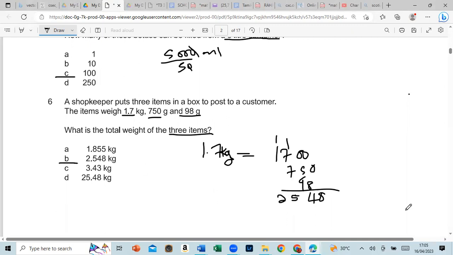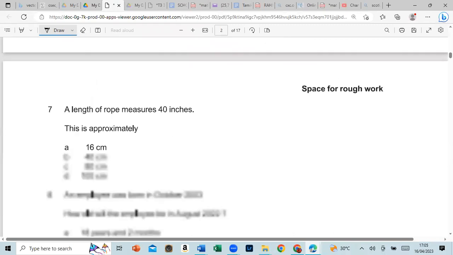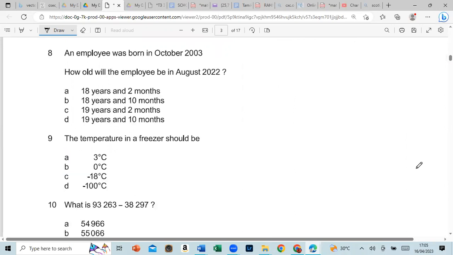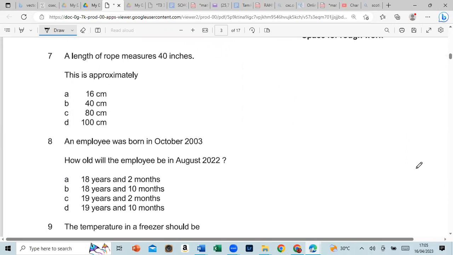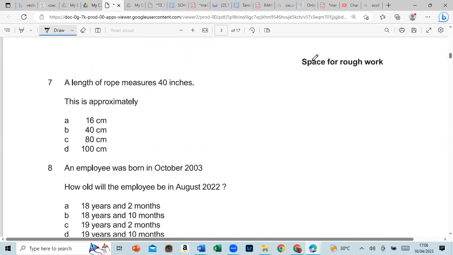What about question 6? A length of rope measures 40 inches.